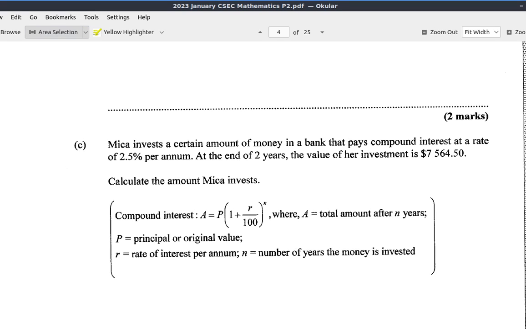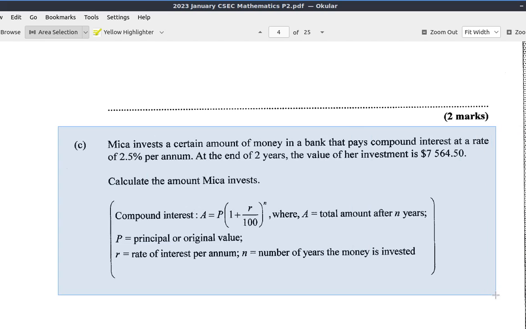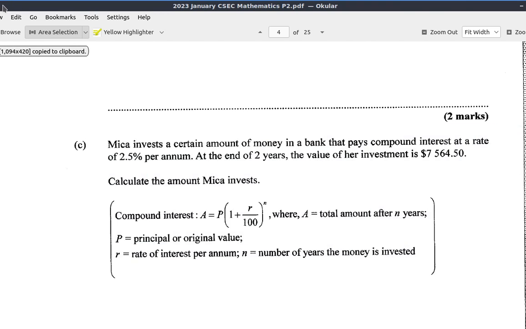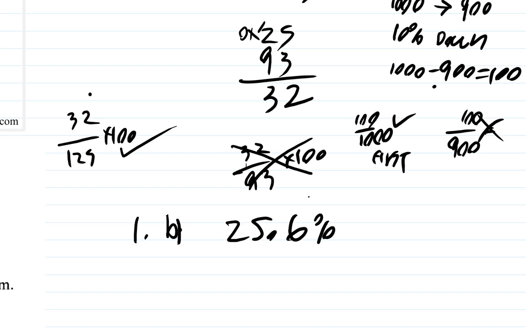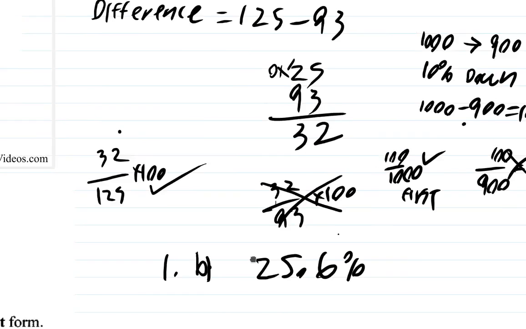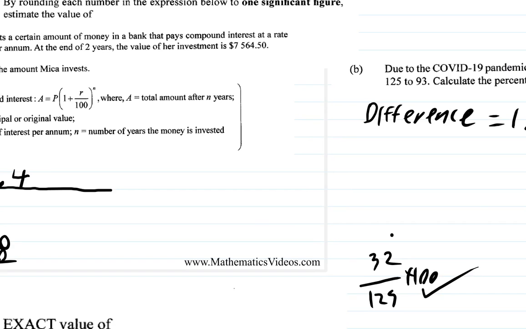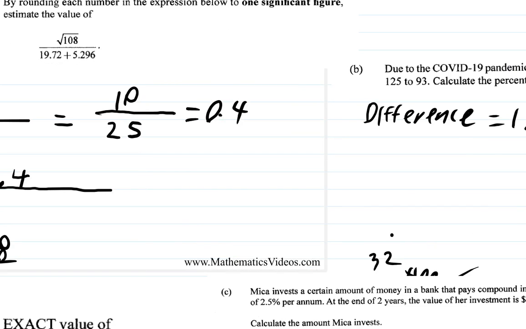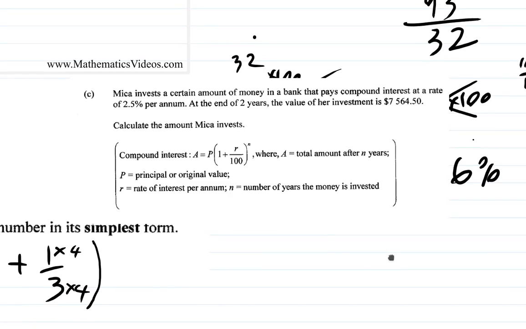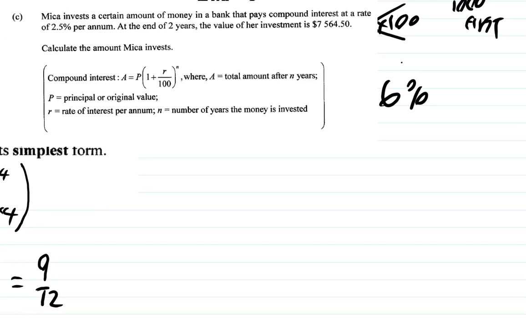Now, let us go back here. Let us, first of all, copy this and paste it over here. Let's see where it went. It went right here. Let's find some clean space on the board to work it out.